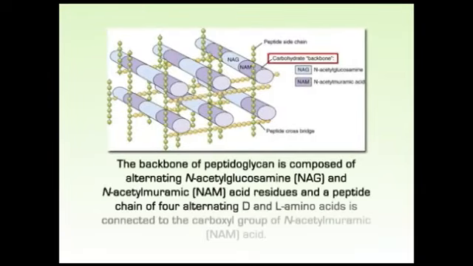And the backbone of the peptidoglycan is composed of alternating N-acetyl glucosamine and N-acetyl muramic acid residues, and a peptide chain of 4 alternating D and L amino acids is connected to the carboxyl group of N-acetyl muramic acid. Further, the carboxyl group of the terminal D-alanine is connected to the amino group of diaminopimelic acid.